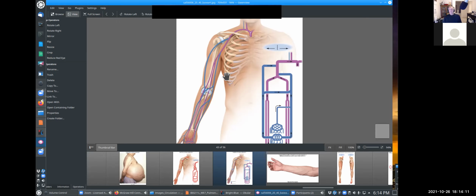Those are the 3 to remember primarily: basilic, cephalic, and the median cubital. Okay. And then remember that this is axillary. Anything up here is axillary. Anything up here is subclavian.